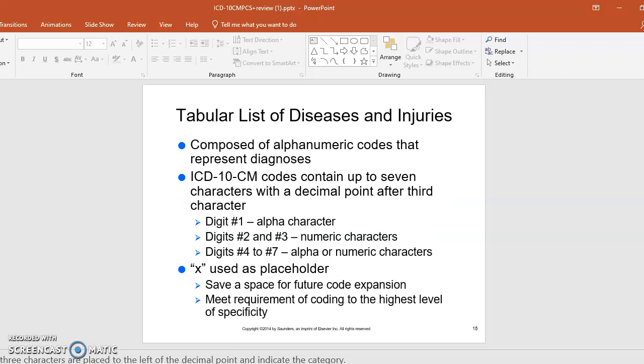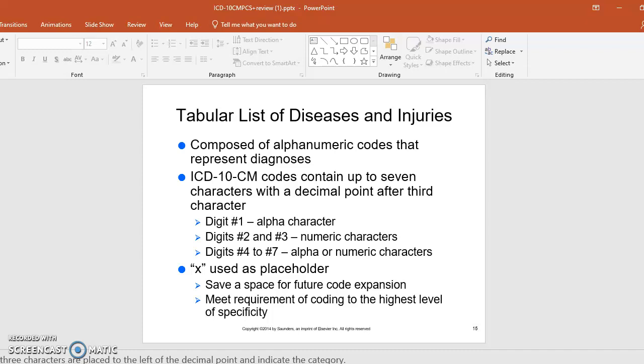We also have the tabular list of diseases and injuries. These are composed of alphanumeric codes that represent diagnoses. And then remember, in ICD-10, these codes can contain up to 7 characters. So digit number 1 is going to be alpha all the time. 2 and 3 are going to be numeric, and then 4 to 7 could be alpha or numeric.